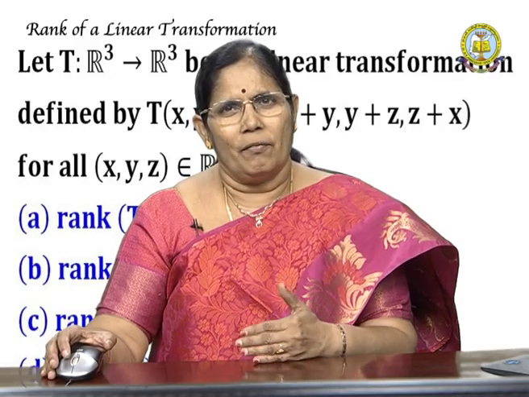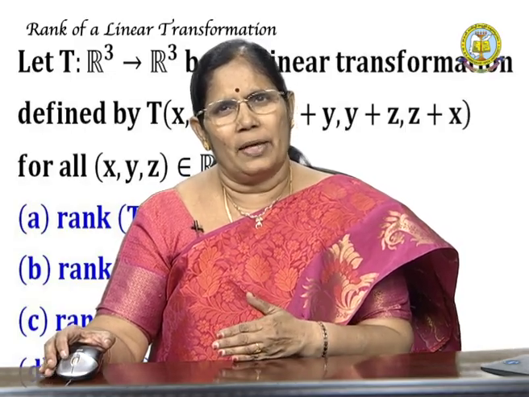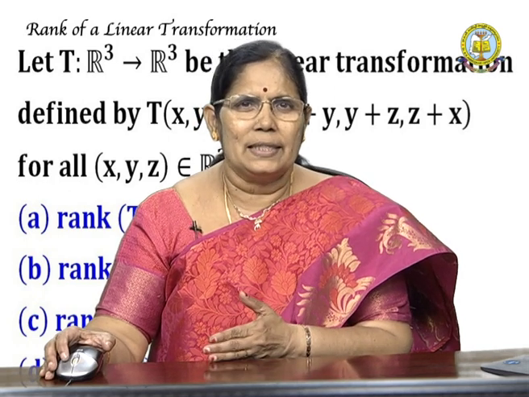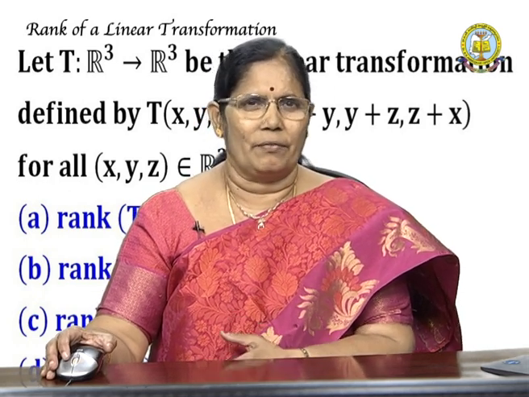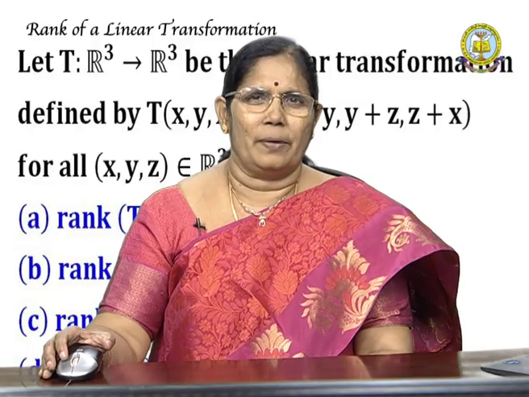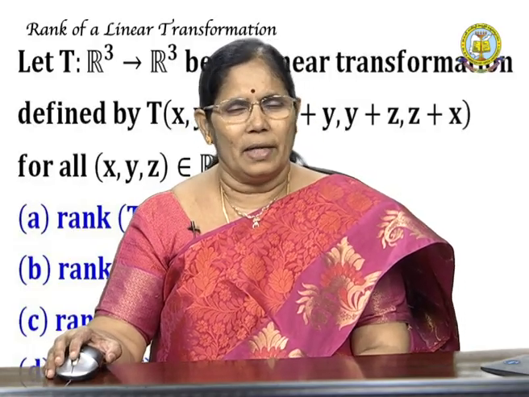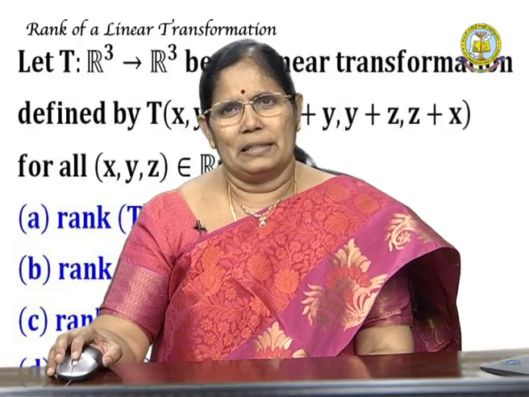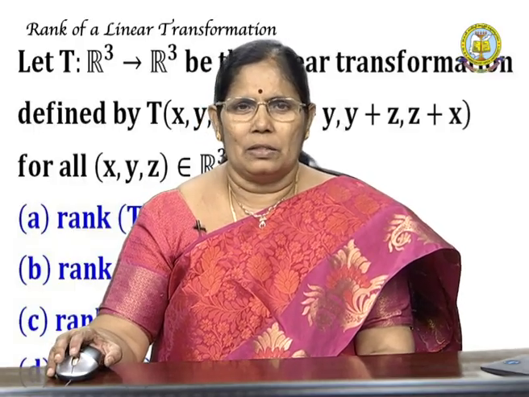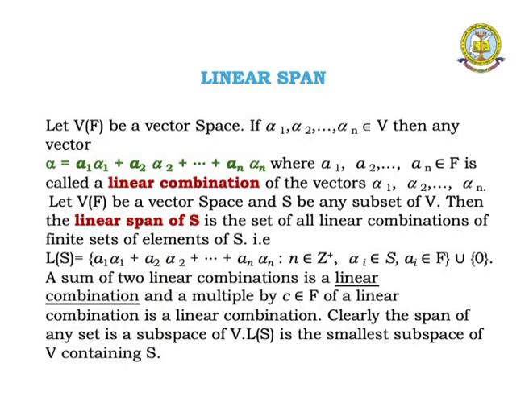Because when alpha is a linear combination of elements of S and beta is a linear combination of elements of S, then a alpha plus b beta is also a linear combination of elements of S. Therefore, L of S is a subspace, and it is also the smallest subspace, that is, L of S is contained in every other subspace.